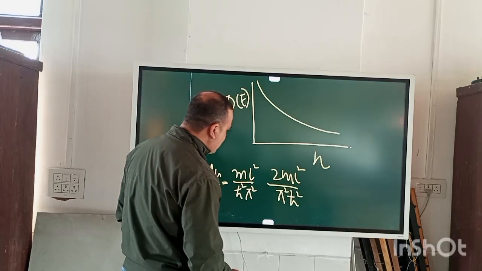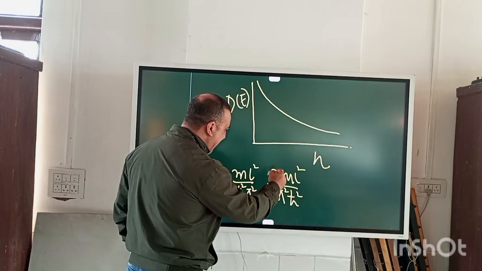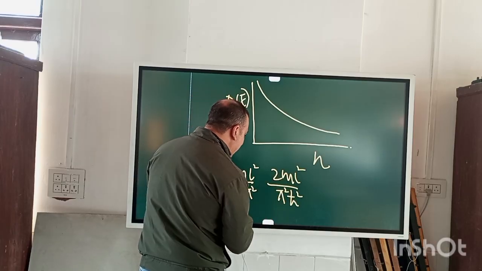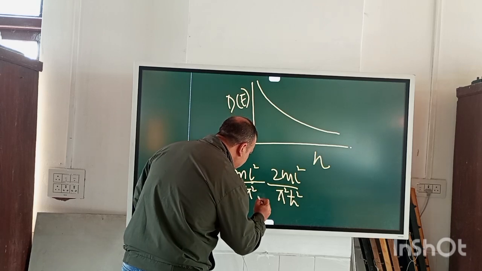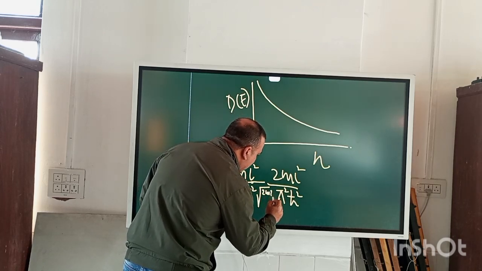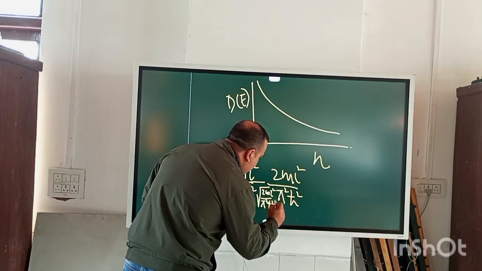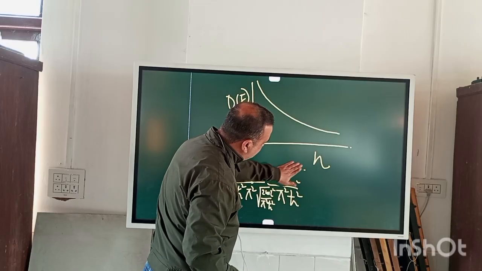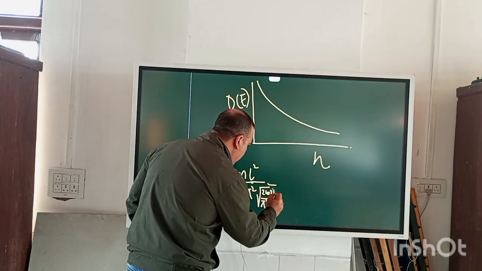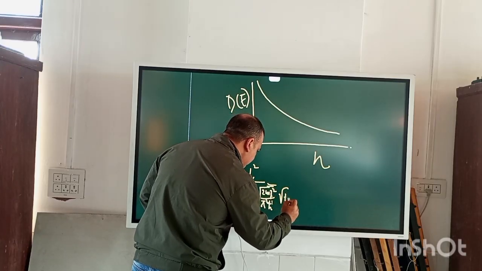And for the n, it has to be under root. This is under root of 2mL square by pi square h bar square. I would like to get it out. Under root of E.